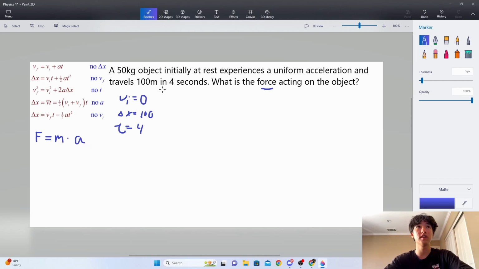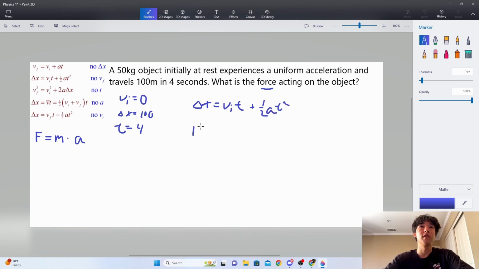So we use these other values, and initially at rest, to use kinematics to ultimately find this missing component. So what do we not have here? We do not have final velocity, right? So we're going to use that equation. Change in x is equal to v_i t plus 1/2 a t squared.